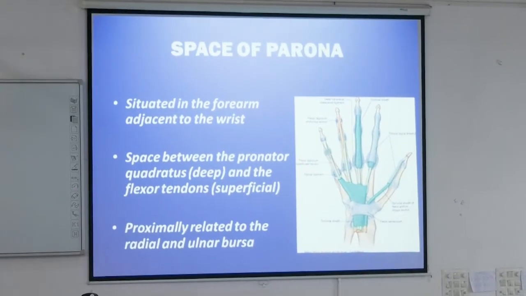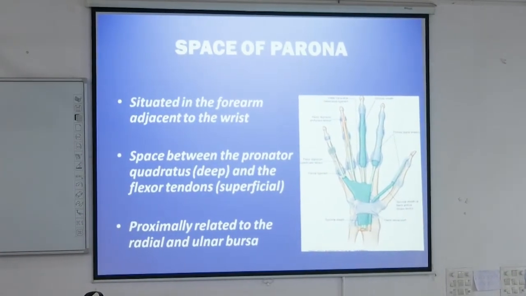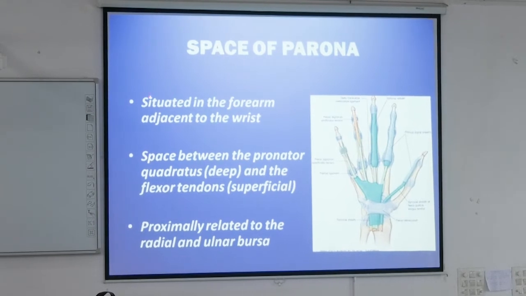Now, the space of Parona: situated in the forearm adjacent to the wrist, space between the pronator quadratus deep and the flexor tendons. These are the flexor tendons. Proximally related to the radial and ulnar bursa.